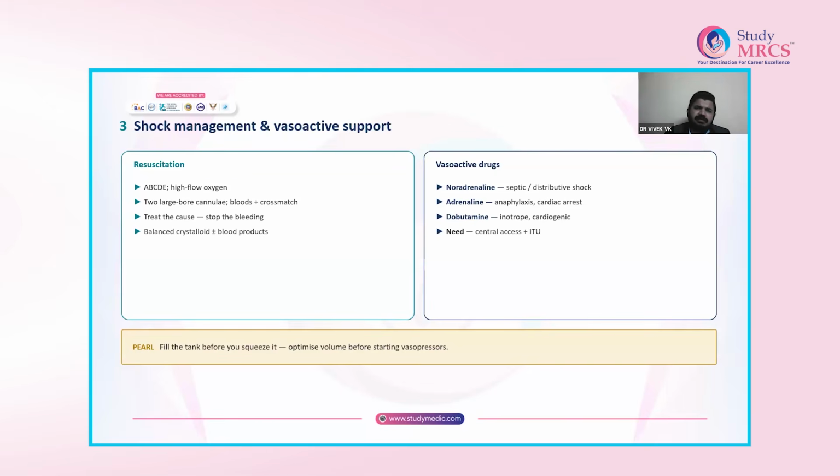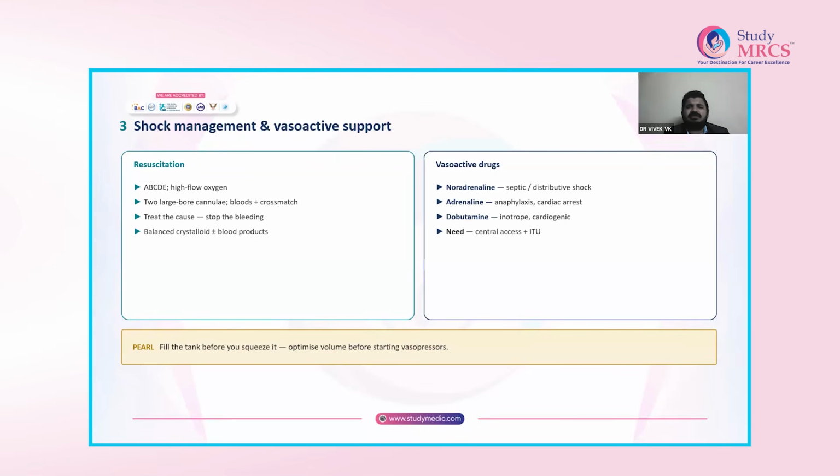And the adrenaline is used in anaphylactic shock and in a situation where the patient has developed some sort of cardiac arrest. And dobutamine, that's an inotrope, can be used in a case of cardiogenic shock. And always give these vasoactive drugs through central access.